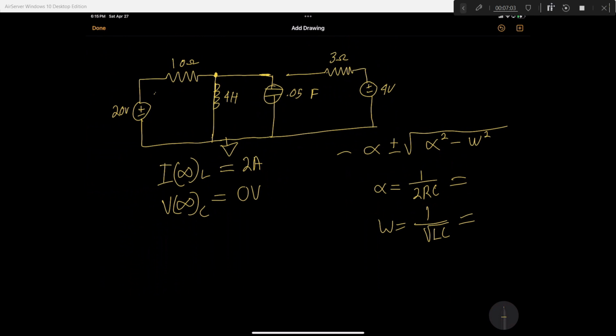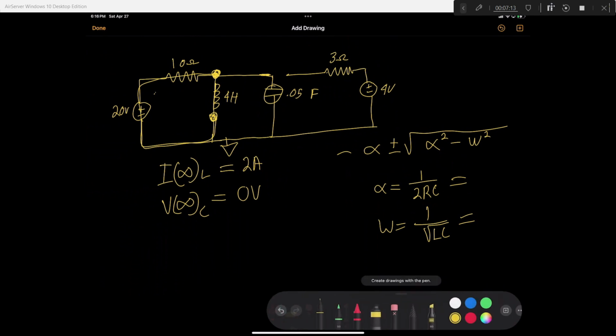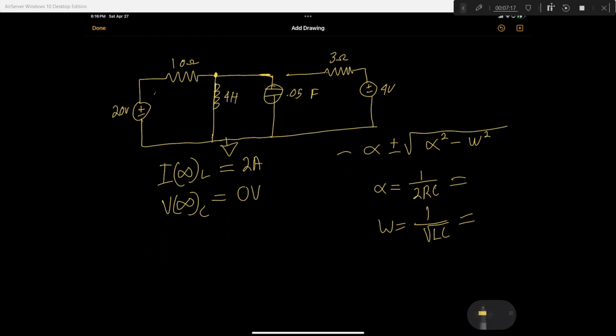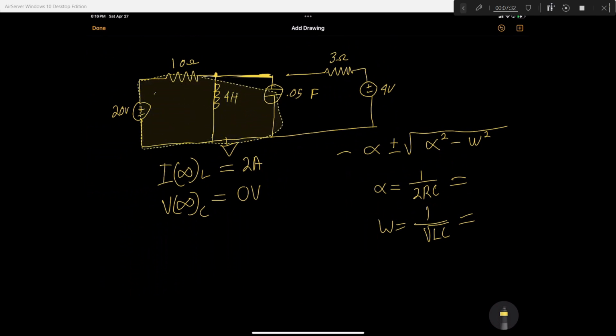If you take this point up here and travel to the point below it in a single line, taking the shortest path, you would get 10 ohms. And if we do that for the capacitor, the shortest path, not going through that inductor, but going through this resistor and around to the capacitor.